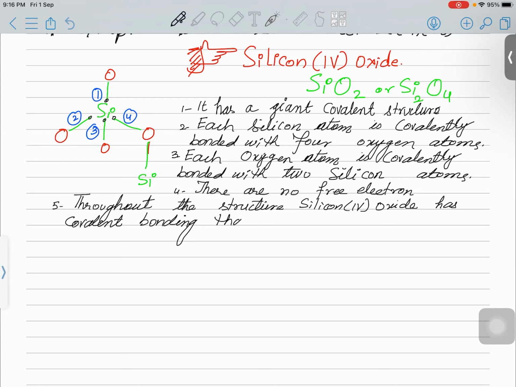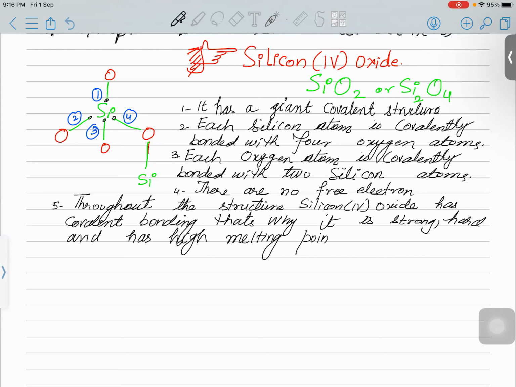That's why it is strong, hard, and has a high melting point.